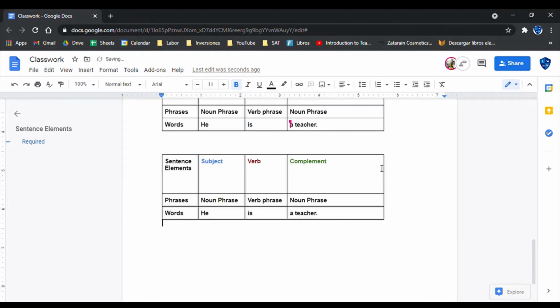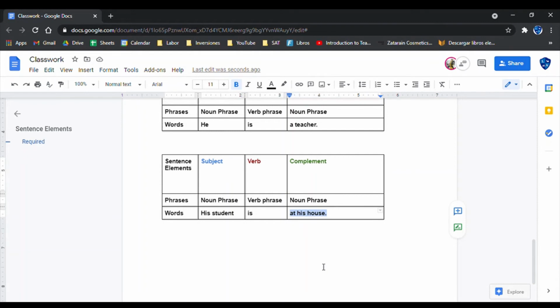So let's try one. He is at... Okay, so now let's look at this example. It says his student, this is a noun phrase, it's the subject, is, it's the verb, at his house.